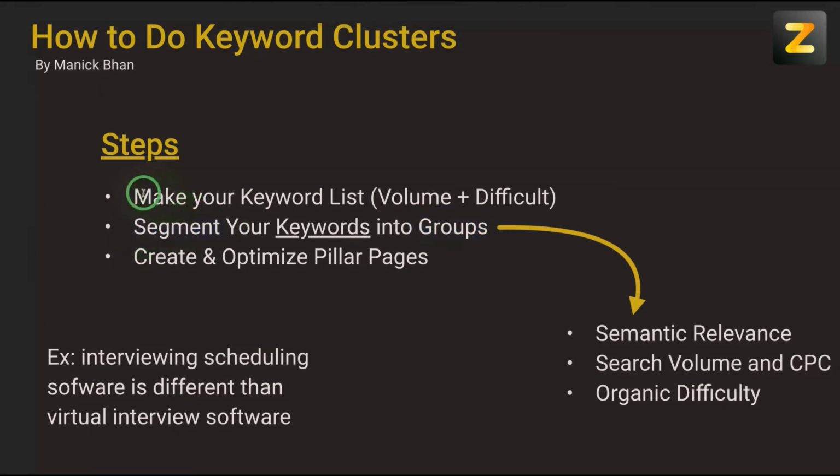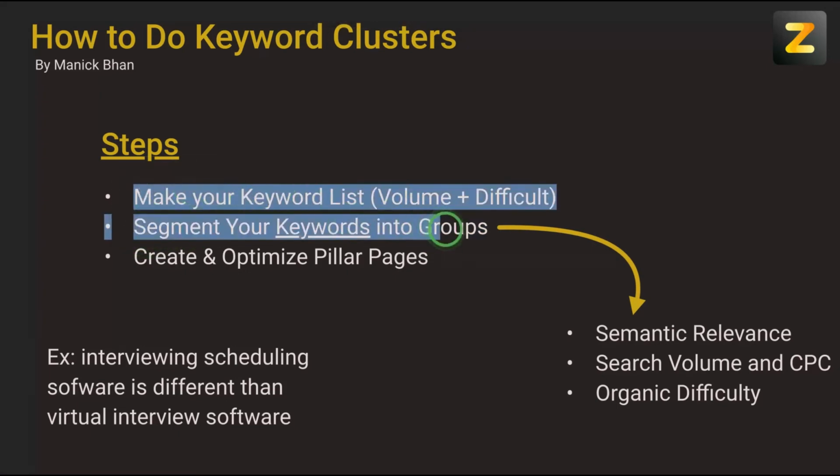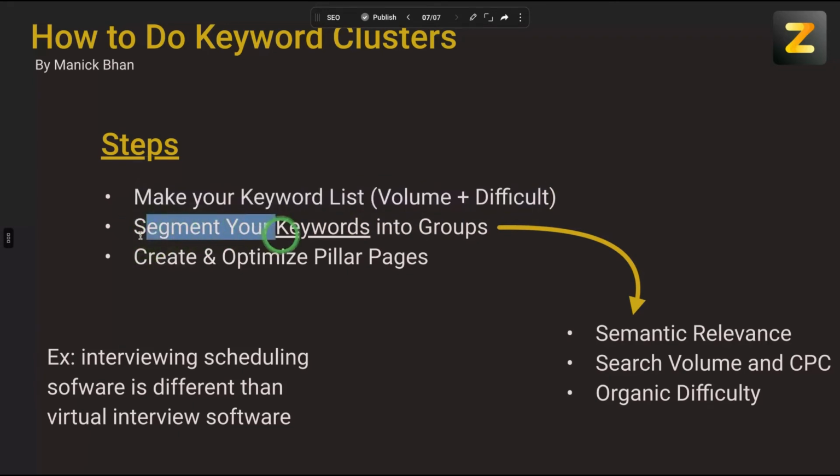And after you select those keywords and take into account volume and difficulty and CPC and the search intent, of course, you will segment those keywords into groups. Those groups are the keyword clusters. So for that, you need to check the semantic relevance.